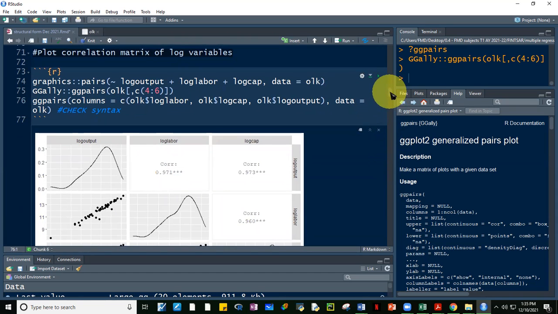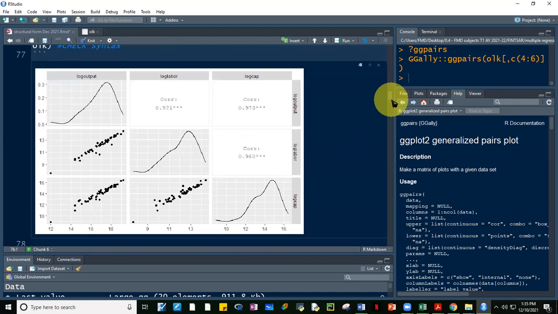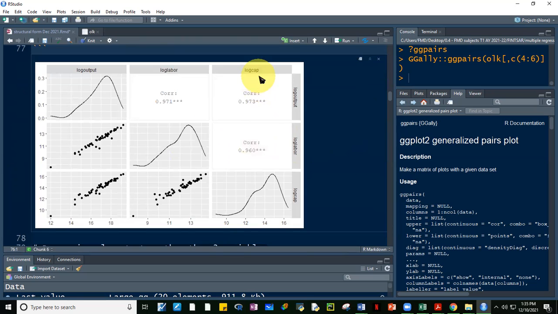All right, so this is what I want, no? Okay, so if we can see, guys, here, yung correlation ng log labor at saka ng log labor, okay. Log labor and log capital, 0.96. Wow, that's very high. We don't want that, guys. Gusto natin yung log output correlated with log labor, 0.97, correlated with log capital, 0.973.